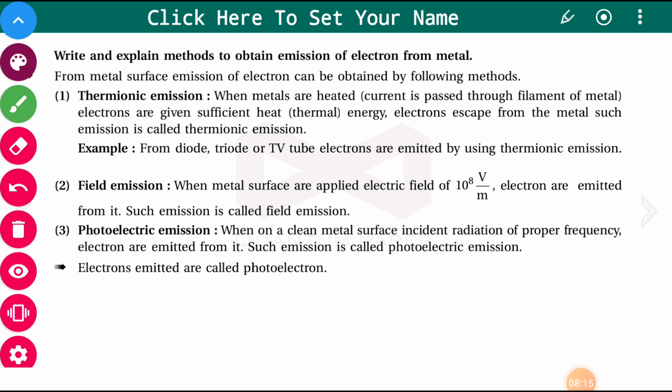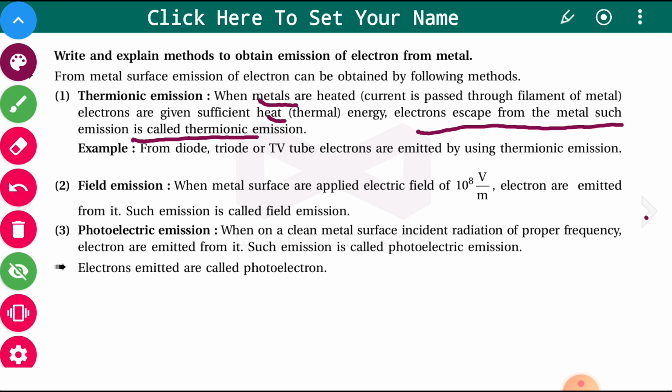Now there are different methods to obtain the emission of electrons from a metal. The first method is thermionic emission. When metals are heated, for example when current is passed through a metal filament, the filament becomes hot. Electrons obtain sufficient thermal energy, then electrons escape from the metal, and such an emission is called thermionic emission.